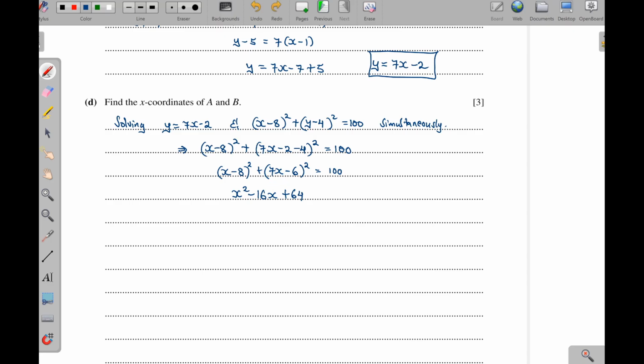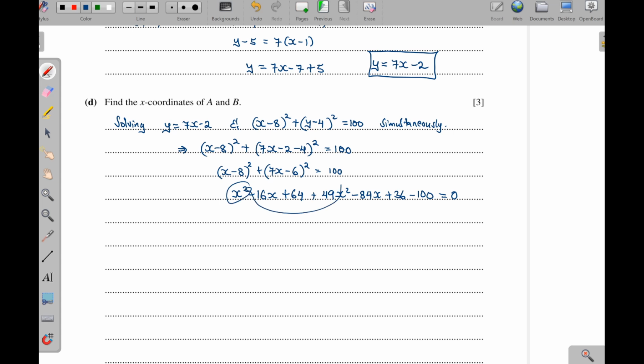Then square this one here, you will get 49x squared, then 2 times 7 times 6. 7 times 6 is 42, then times 2, that will be 84. So minus 84x, and then square the minus 6, you will get a 36. Then bring this 100 this side such that we form a quadratic equation in x.